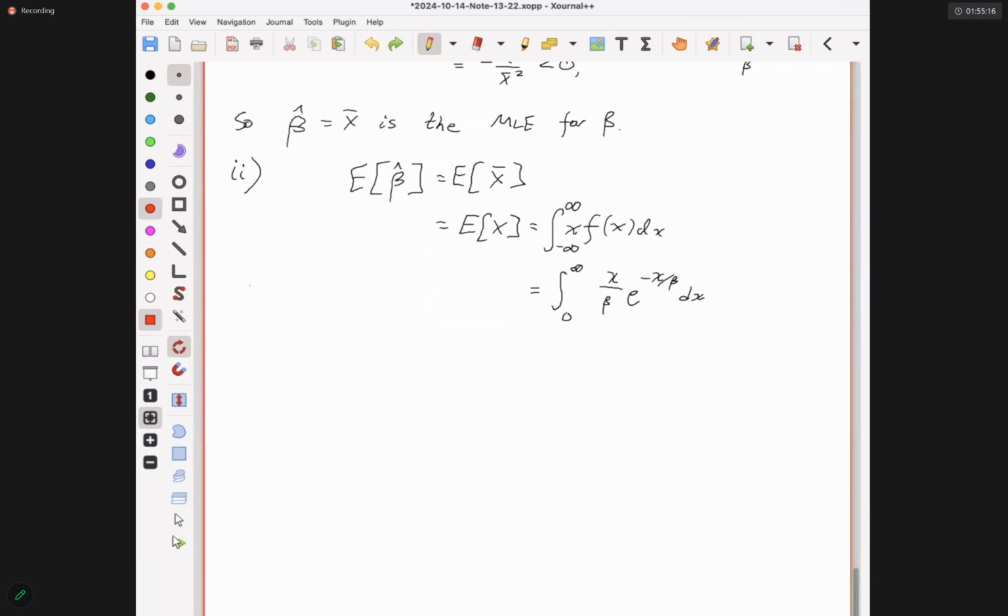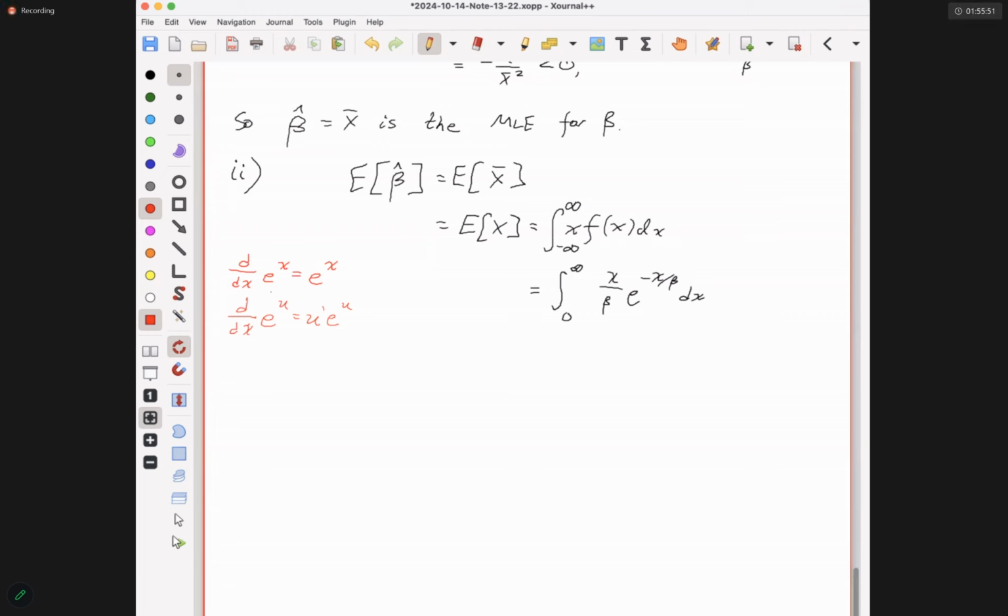We know that the derivative with respect to x of e to the u is u prime e to the u. Or if you want to write it in the version that doesn't include the chain rule, d dx of e to the x is just e to the x.